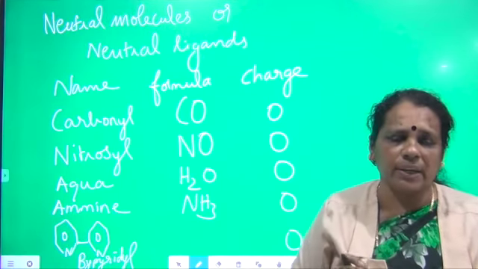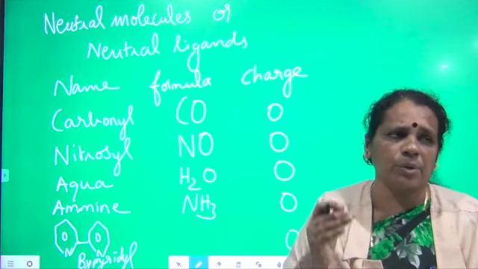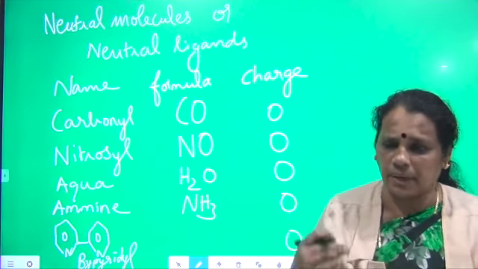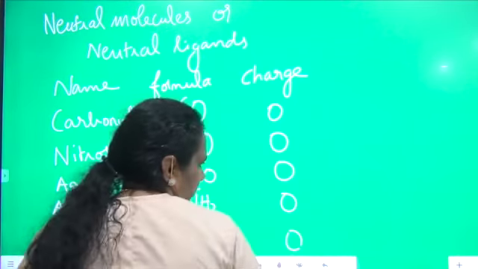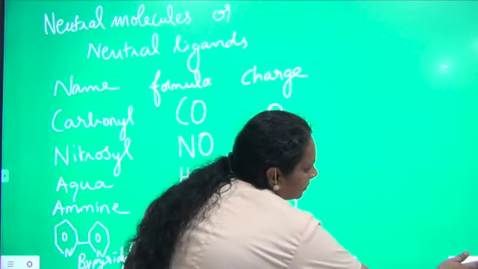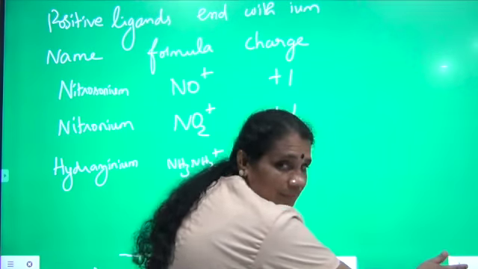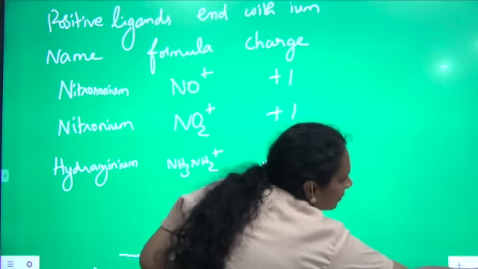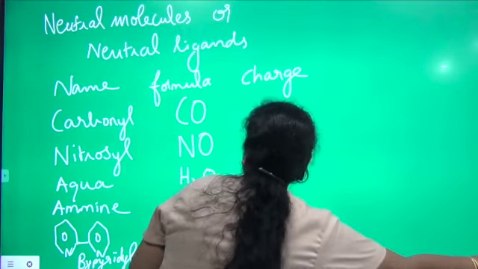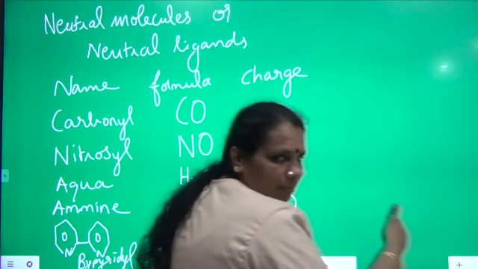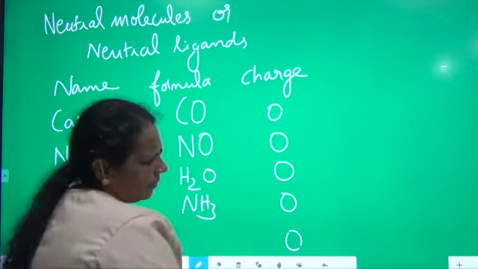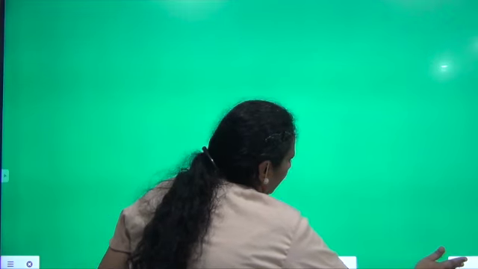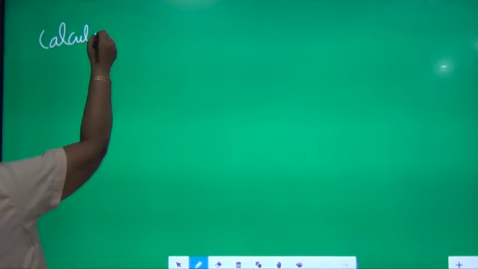I am going to do at least 3 sums so that you will get a clear picture. The next one, calculation of oxidation state or oxidation number.